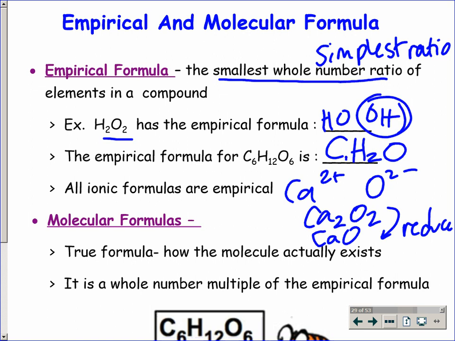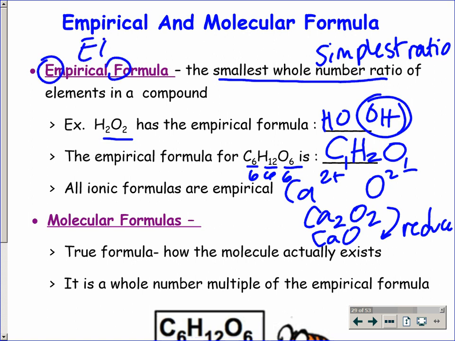CH2O. So you're saying C1H2O1, because you divided each of these subscripts by 6 all the way through. 6 divided by 6 is 1, 12 divided by 6 is 2, and 6 divided by 6 is 1. We're just simplifying these ratios. It's pretty simple.